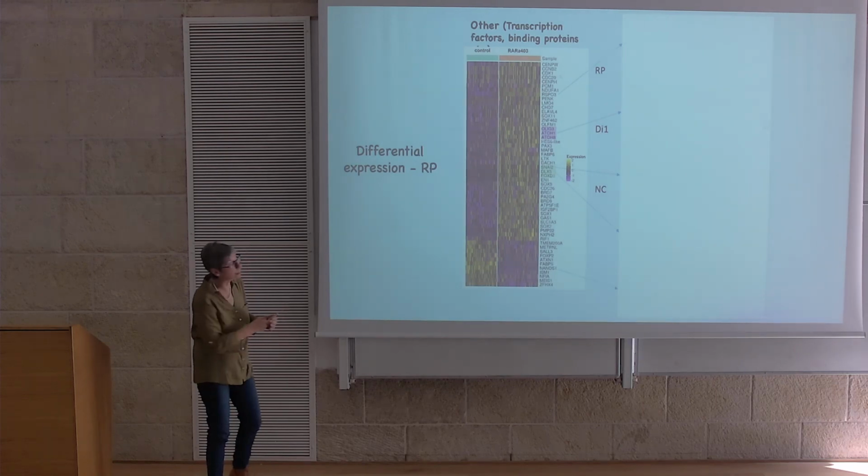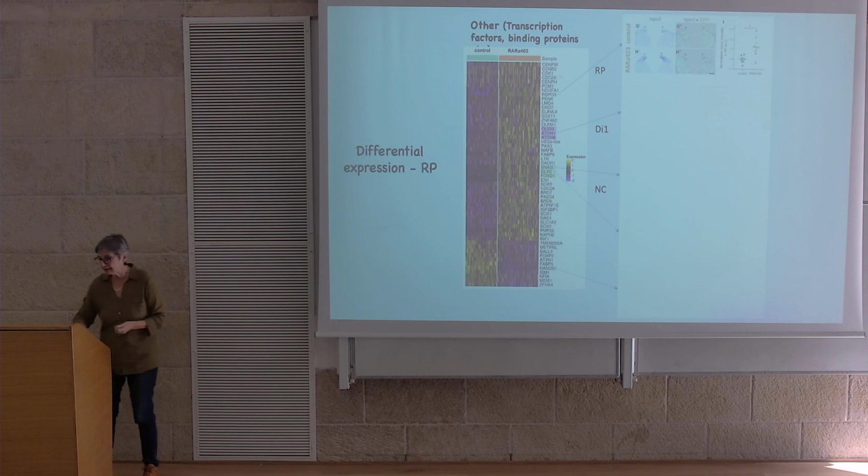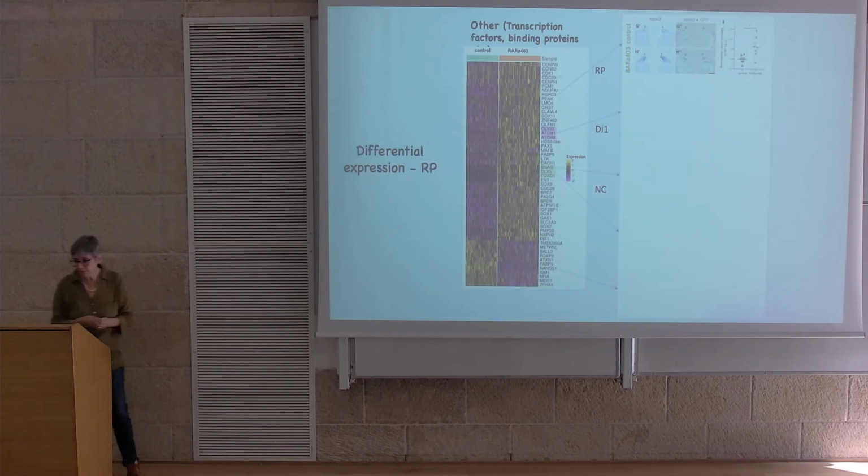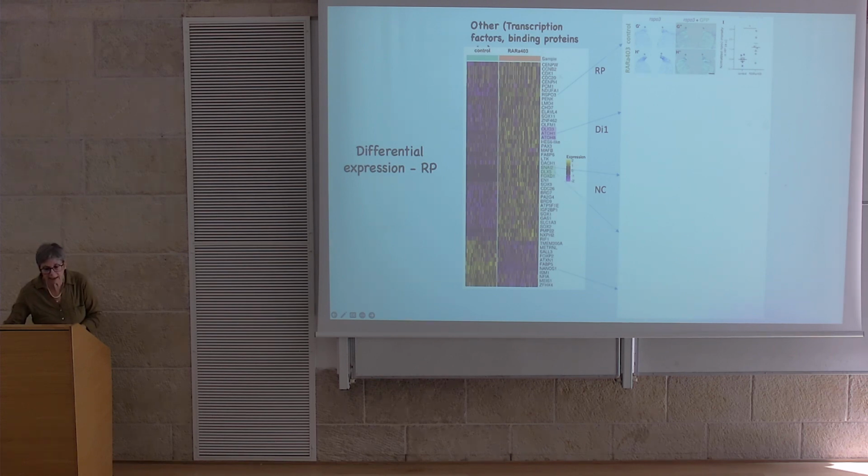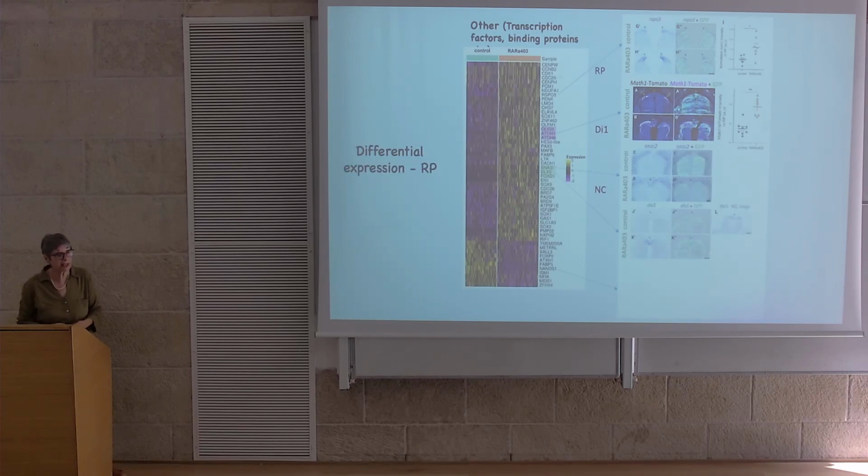So we get roof plate genes that are upregulated, and you can see, for example, how R-spondin 3 is upregulated in the bioinformatic analysis and in the validation by in situ. You can see DI1 interneurons also upregulated in the roof plate pretty much as they are in the bioinformatic analysis, and so are two markers of neural crest cells.